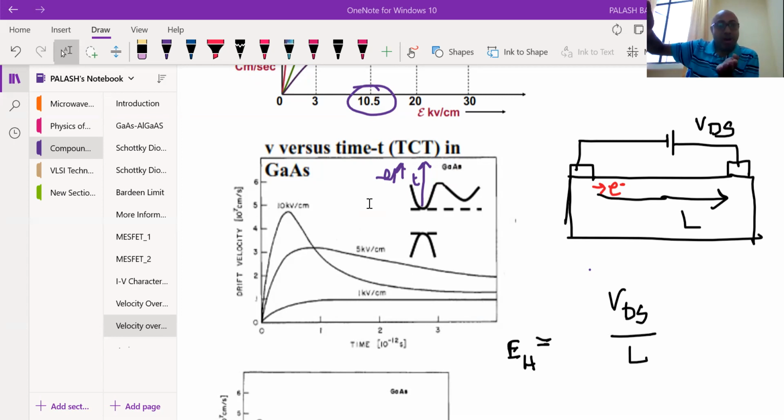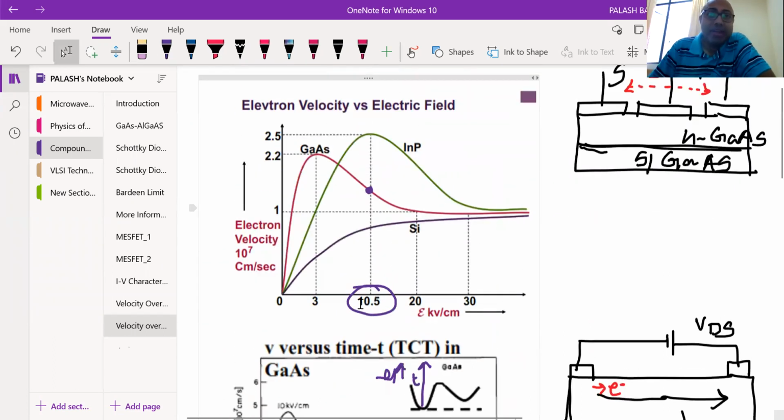So we can plot velocity and time. Here it is velocity, and here it is time. We are plotting different electric fields: 10 kilovolt per centimeter, 5 kilovolt per centimeter, 1 kilovolt per centimeter.